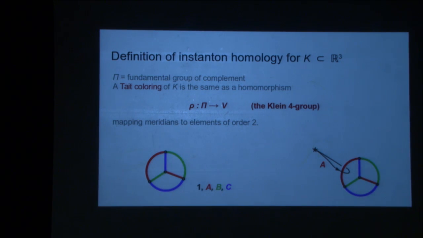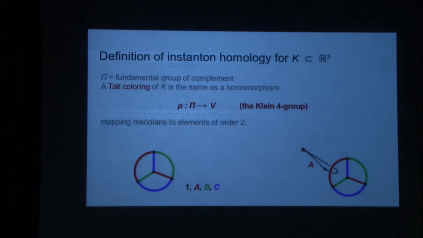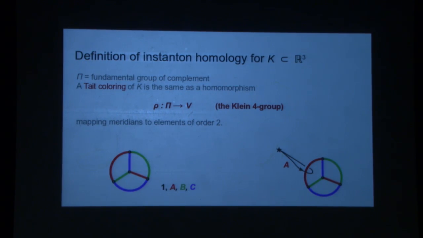And if I'm asking that each one of these meridian loops maps to an element, yeah, and the homomorphism is non-trivial because I'm asking that the meridians map to elements of strictly order 2, and not just that their square is 1.